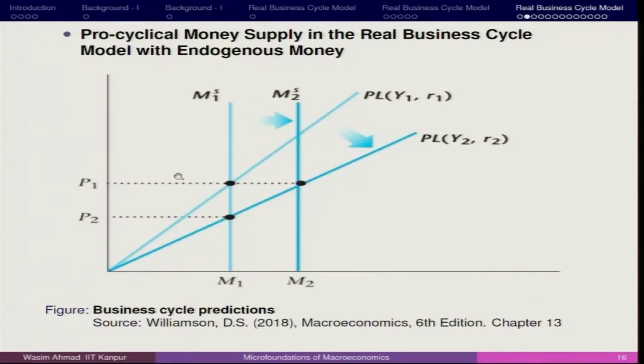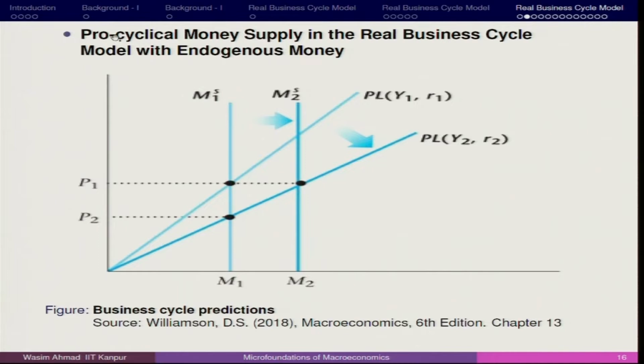Even with a lower rate of interest, the households have more demand for money, and this creates a scenario where the price is almost constant, though it should have been lower, because the central bank's role is to maintain price stability. So this is how it looks.